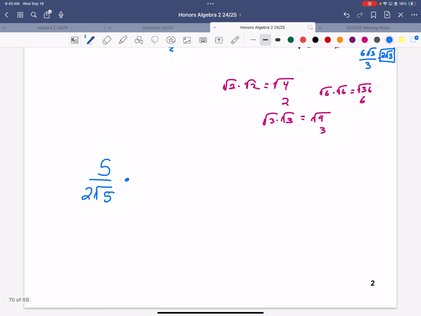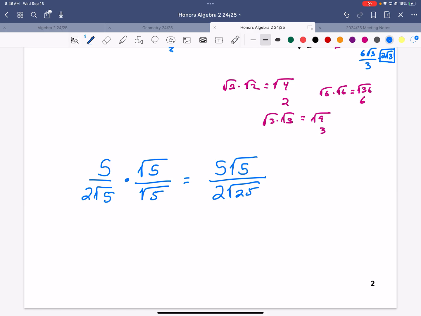It only has to be the radical that's in the denominator. So we're going to multiply this by radical 5 over radical 5, which again is equivalent to 1. So multiplication, outside on outside, inside on inside. Outside is 2. 5 times 5 is 25.